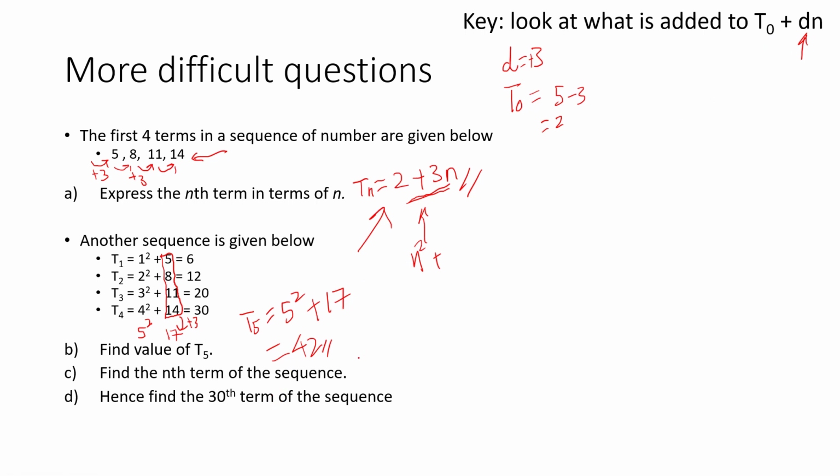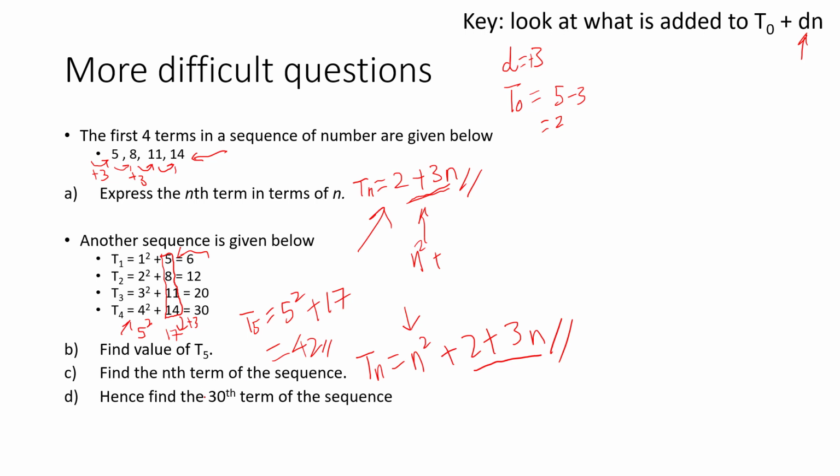So for this, term n will be equal to n squared plus 2 plus 3n. And that will be my answer. Because this part is actually this part, while the n squared is actually this part.